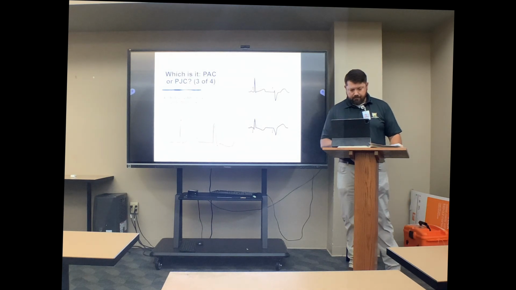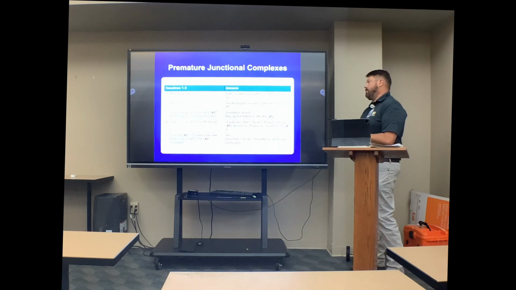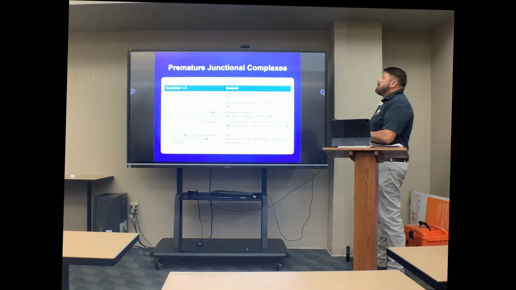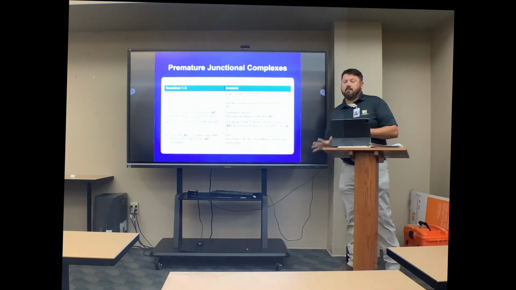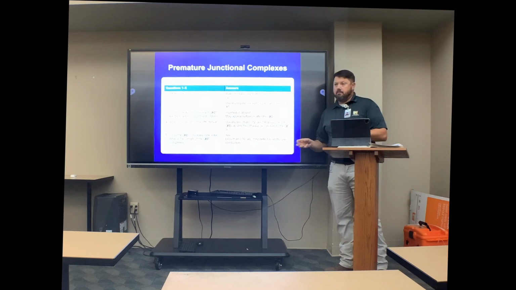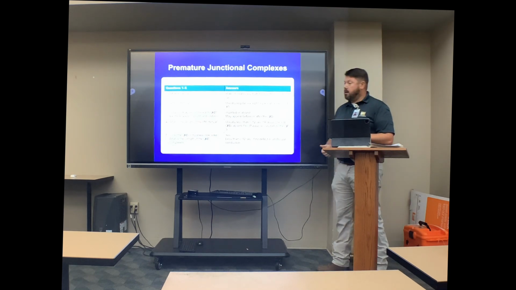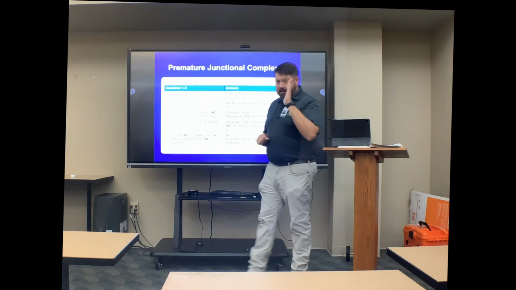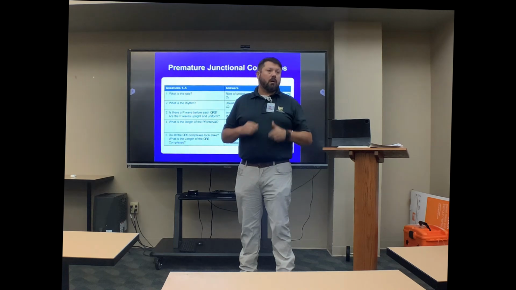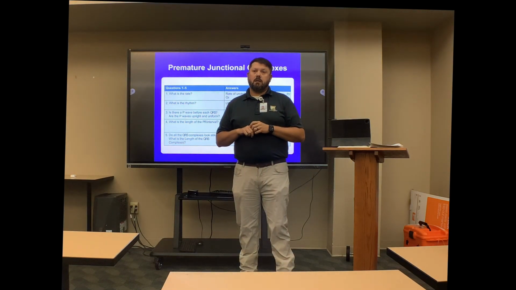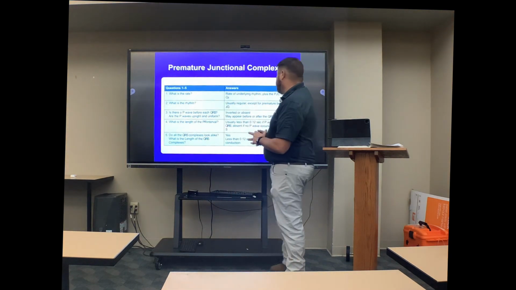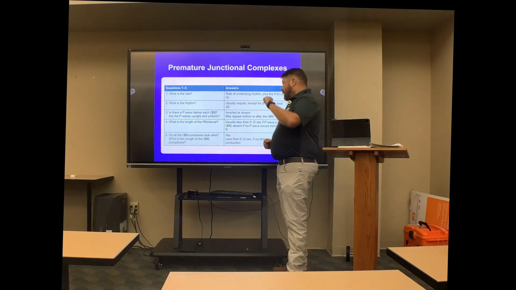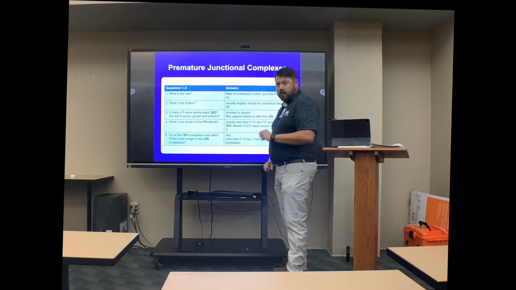Okay? All right, so what are my rules here? The rate is the rate of the underlying rhythm plus your PJC, because it is creating a QRS, okay? The rhythm is usually regular except for your premature beat, but we're going to have a disruption in our overall R to R, so we're going to identify that as irregular, okay? The P waves, look at your underlying rhythm. They should typically be sinus, okay?